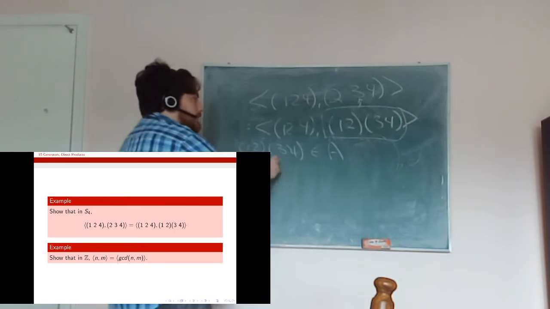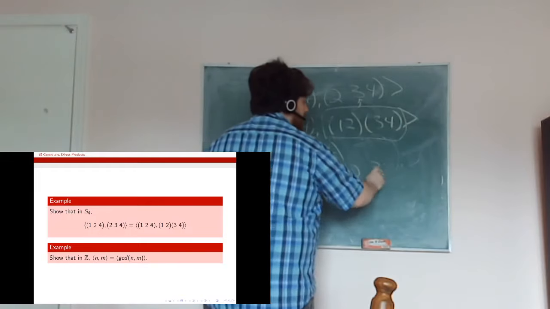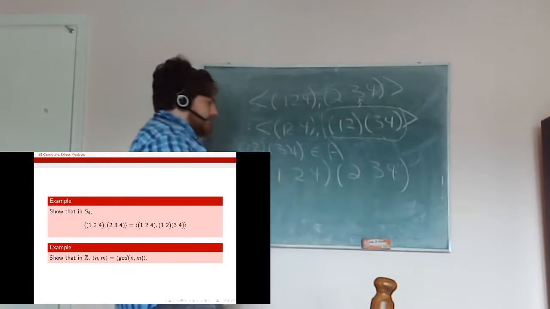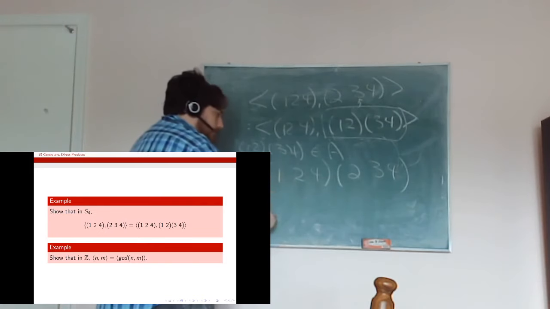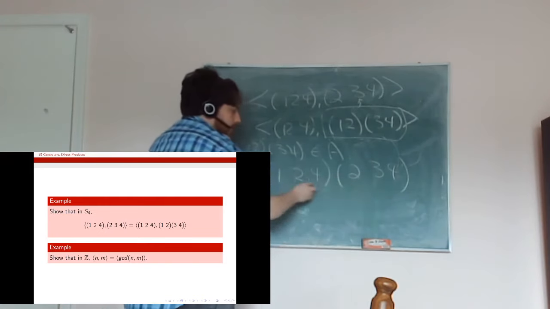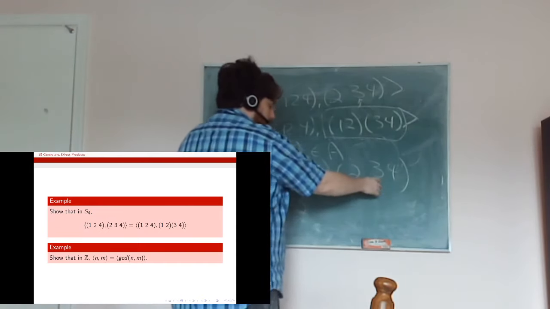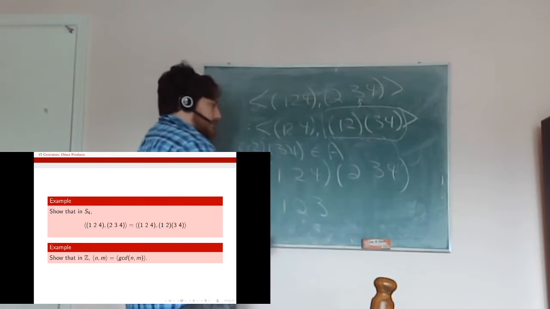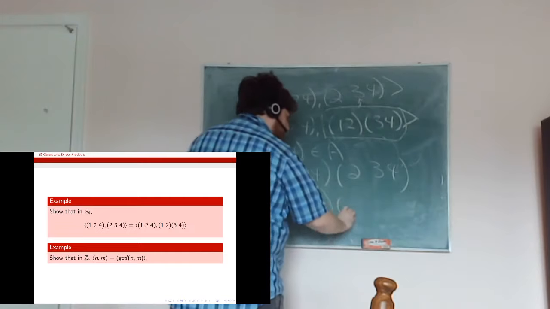Sure. So let's try (1 2 4) composed with (2 3 4). Let's just see what we get. 1 goes to 2. So there's no 1, then 1 goes to 2. 2 goes to 3. 3 goes to 4, goes to 1.